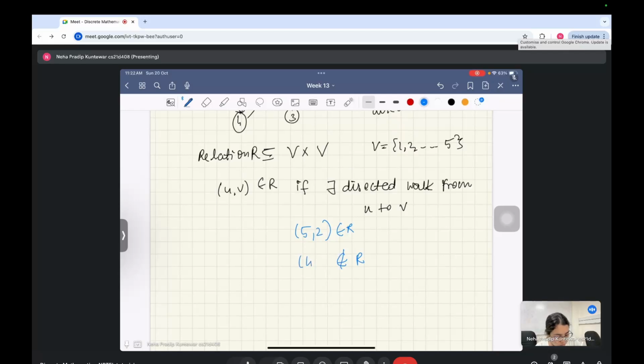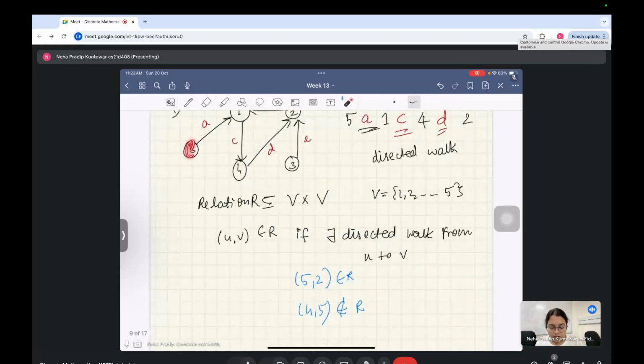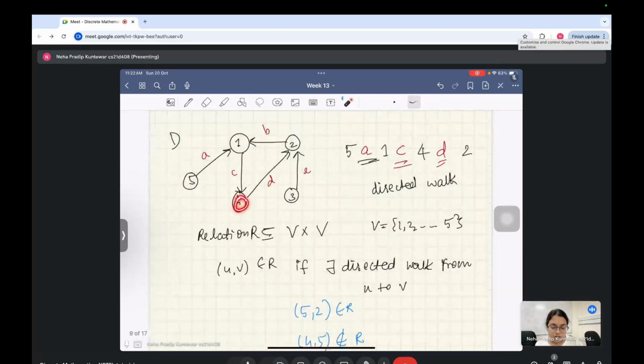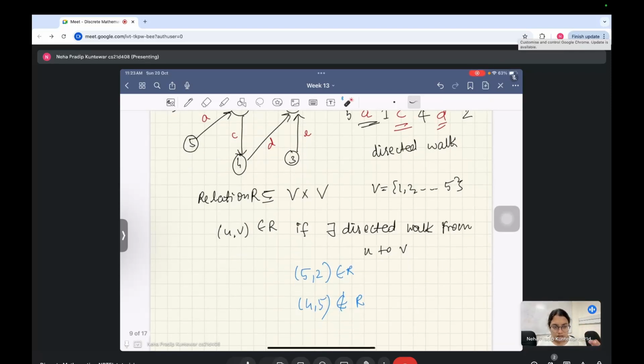Okay, 4 comma 5, because there is no set of edges that you can start from 5 and go back to 4, and start at 4 and go back to 5. Therefore 4 comma 5 would not be in the relation. So that's how we have defined the relation. Two elements are related if from the first vertex you can take a directed walk and reach the second vertex.